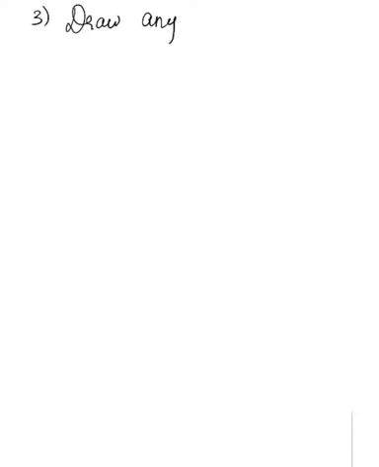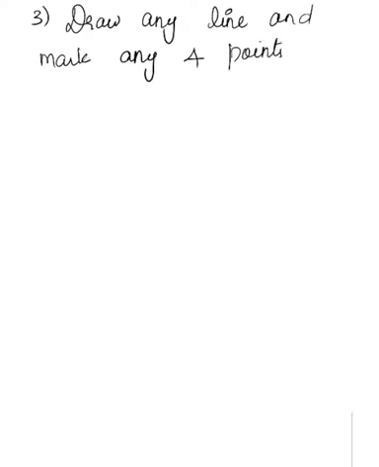Then the third question: draw any line and mark any 4 points that are not collinear. You just draw any line and mark 4 points. It should not be collinear.